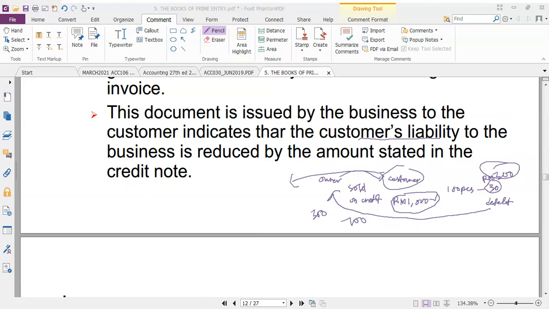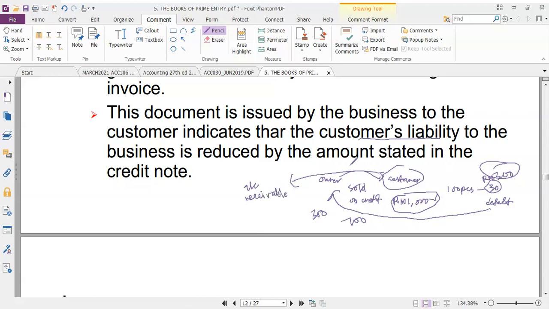If the owner sold goods to the customer, then the customer owes us, the business. It means that the customer is our account receivable, or another name is debtor. Debtor, D-E-B-T-O-R.